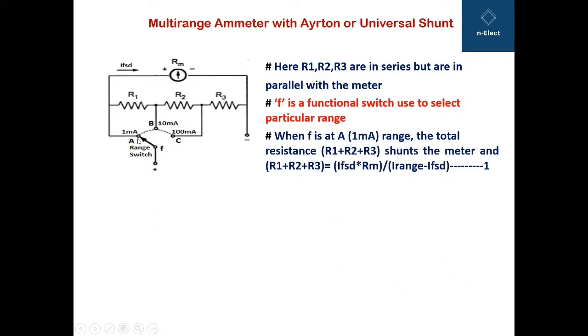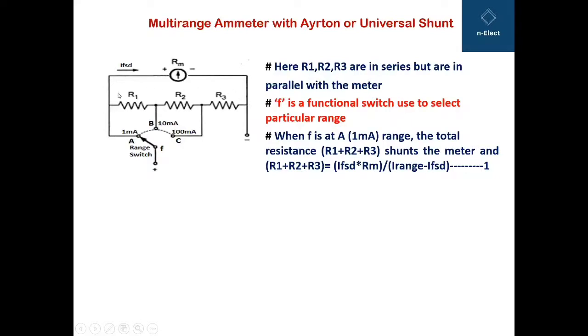When F is at A, that is 1 milliampere range, the total resistance R1 plus R2 plus R3, since they are in series, shunts the meter, and the value of the shunt resistor, that is R1 plus R2 plus R3, will be equal to the voltage in this branch divided by the current flowing through this branch.